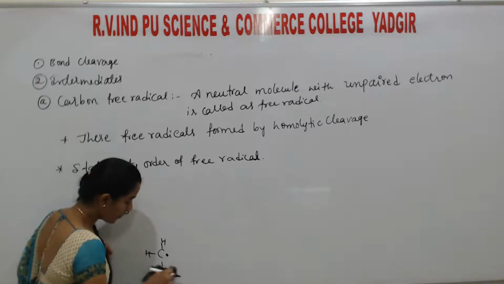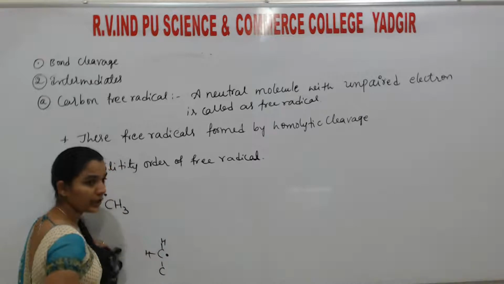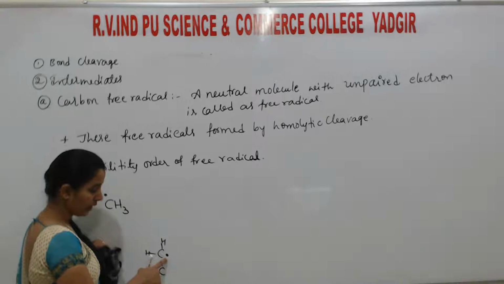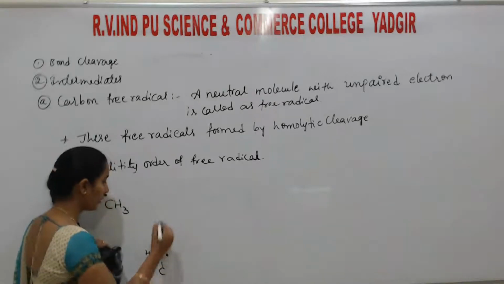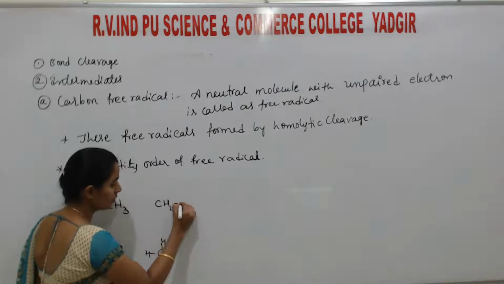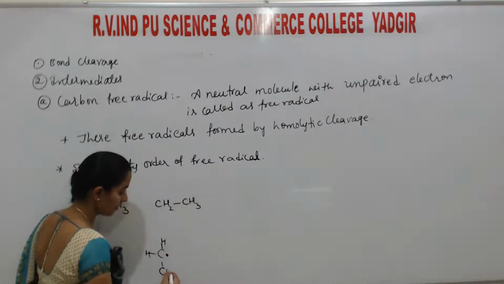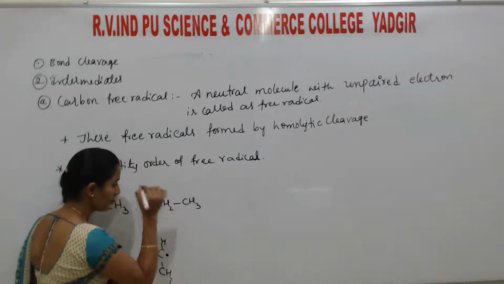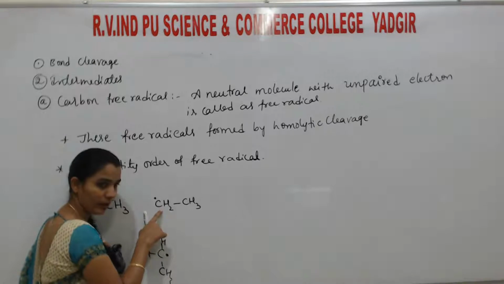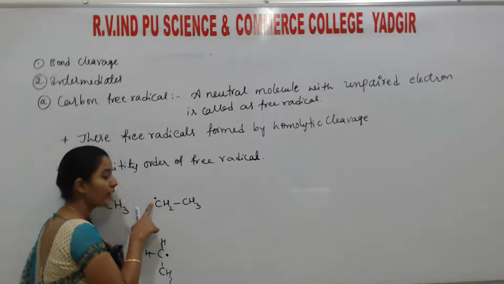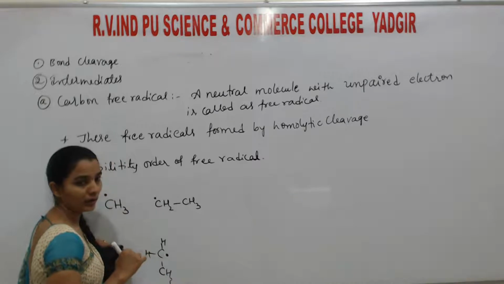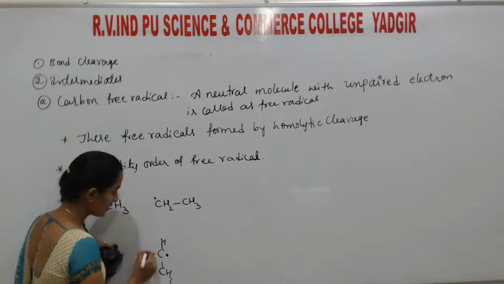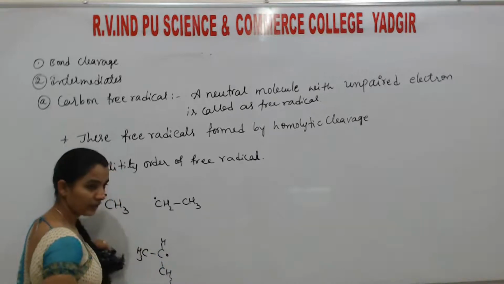Next, if 1 hydrogen is replaced by a carbon, this radical is bonded to another carbon, like CH2, CH3. Here near CH2, the free radical is there. The carbon where the unpaired electron is there is bonded to 1 carbon. Next, another hydrogen is replaced by CH3.